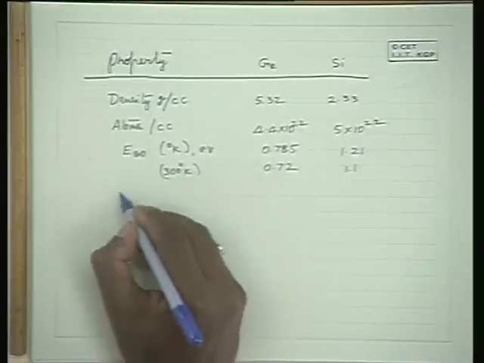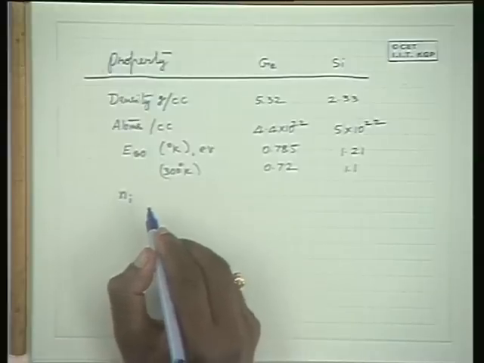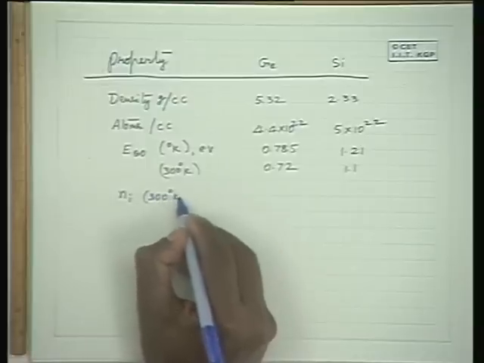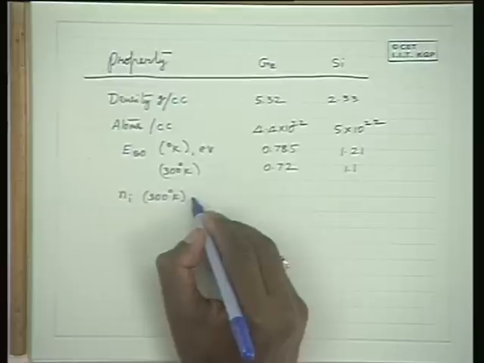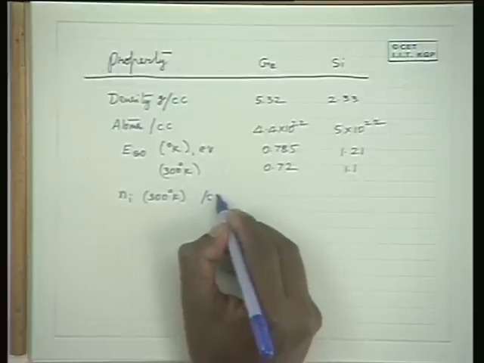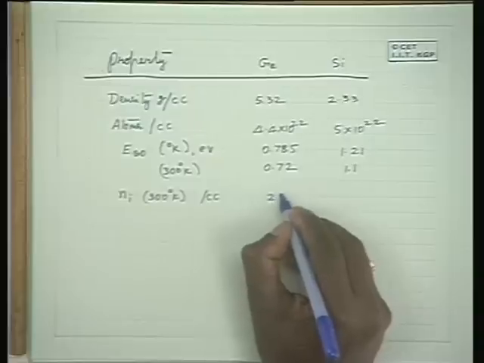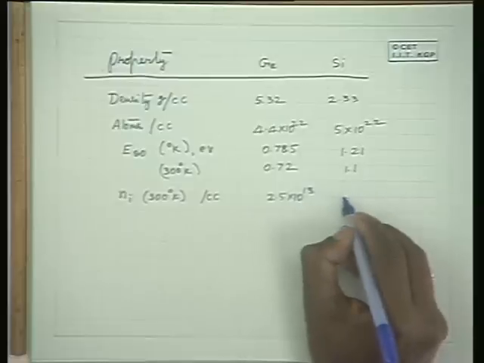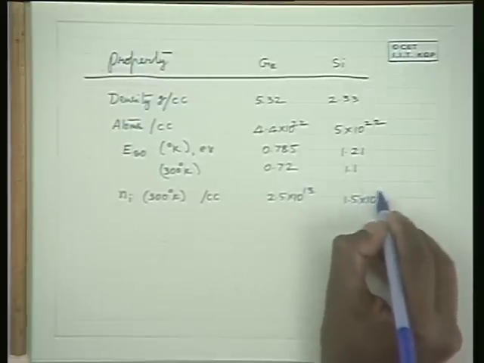And the free electron, hole pair concentration at 300 degrees Kelvin, number per cc, is 2.5 into 10 to the power of 13. It is very large in the case of germanium, and it is 1.5 into 10 to the power of 10 for silicon.